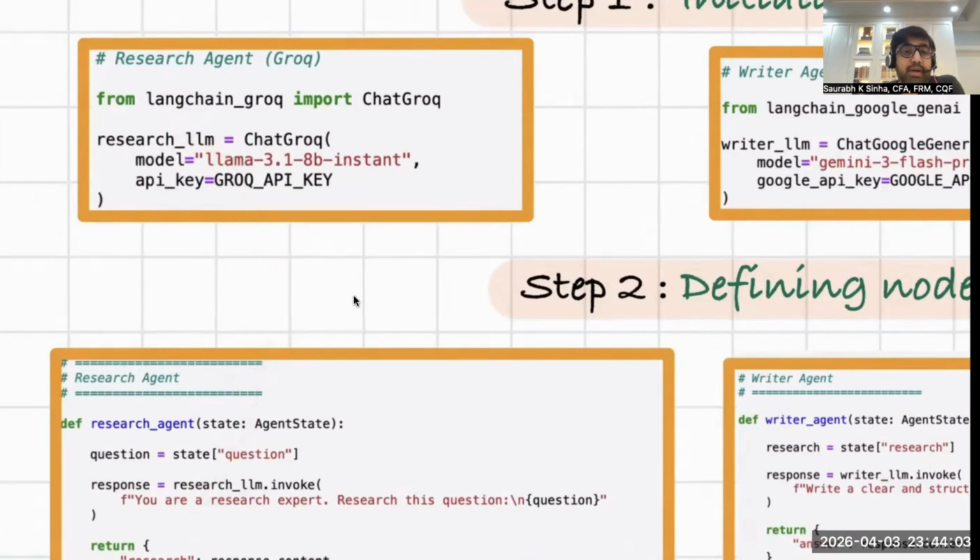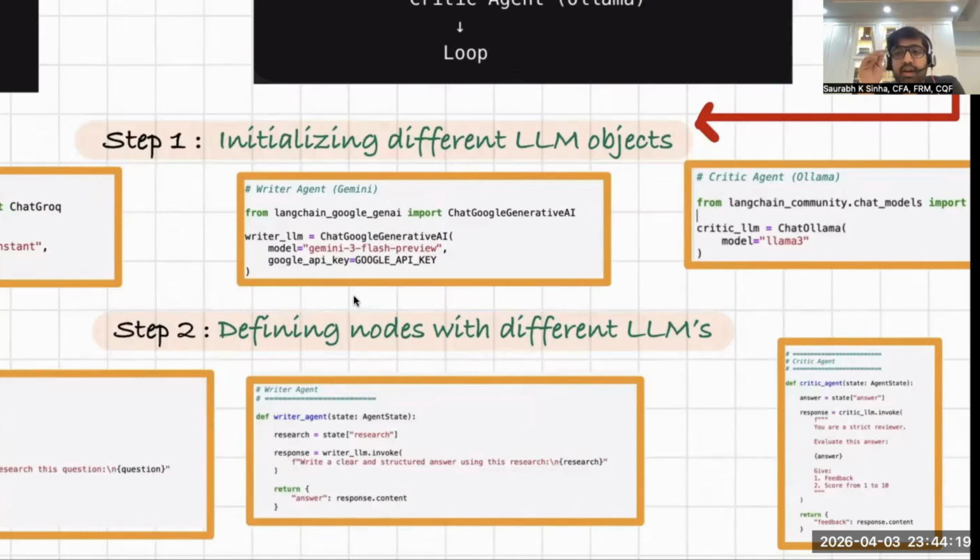Now, an important point. The first important point is that here I'm still using LangChain. Why? Because LangGraph didn't create any new library other than LangChain. They are using the same LangChain library for invoking and initializing the different LLM objects. Please remember, although initialization is different, invoking all the LLMs is from the same function, that is invoke.